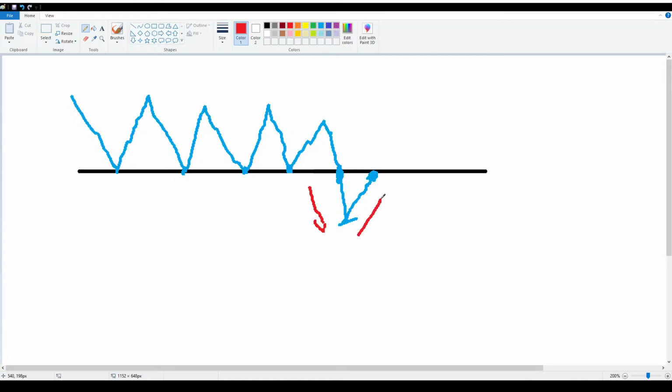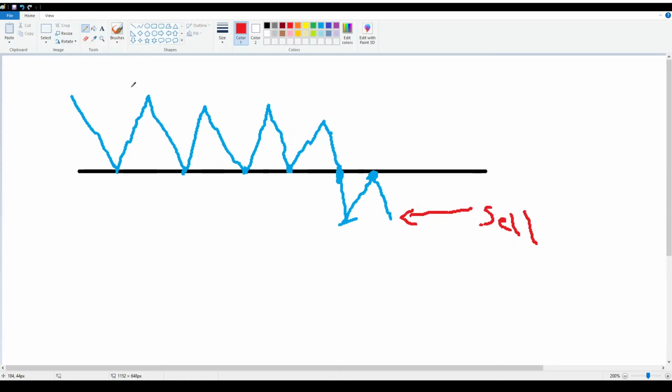Then after it breaks out, you would wait for it to retest, and then after the retest you'd wait for the market to come back down to be lower than the turning point, the low the market made after it broke out. And then from there you'd enter into the trade right there. So that's how you deal with a breakout to the downside.